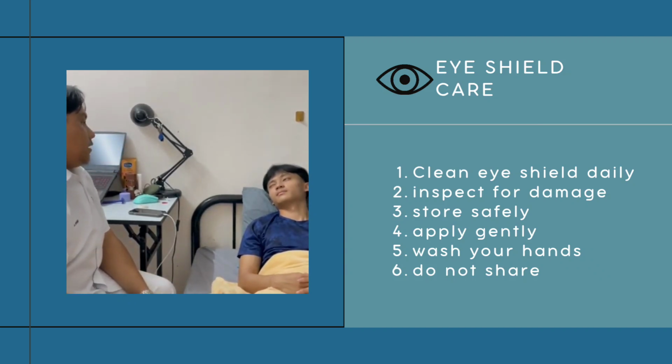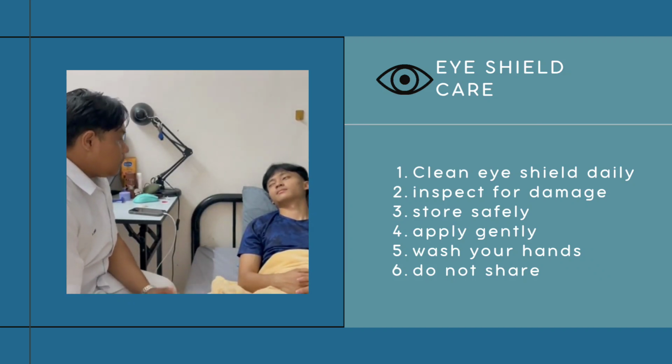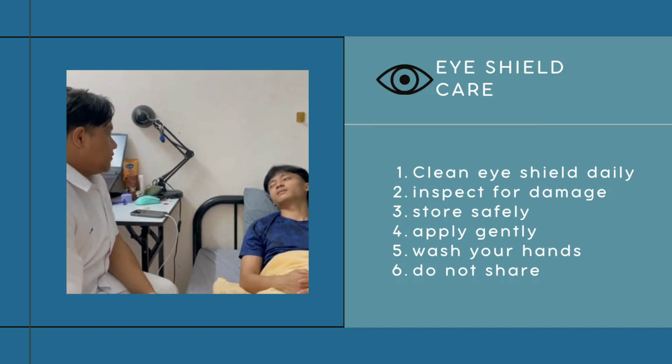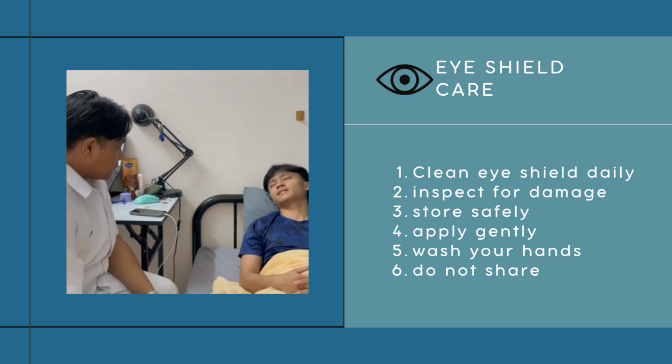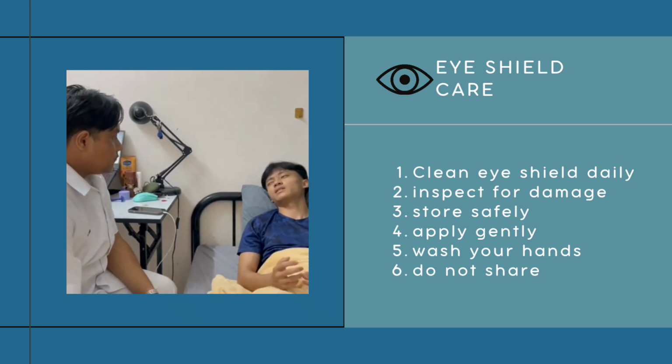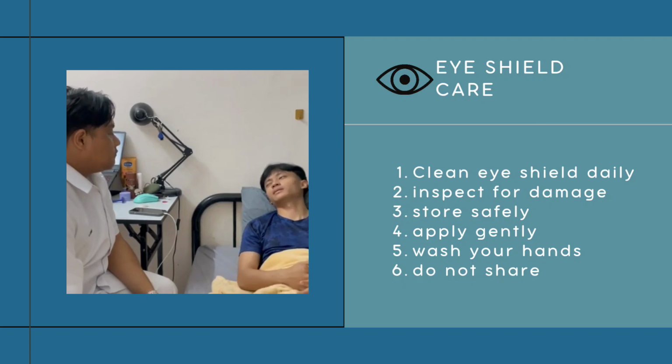Next, you will need to inspect the mesh. So may I ask, for the damage, how do I know if the eye shield is damaged? In what kind of damage are you talking about? Right.